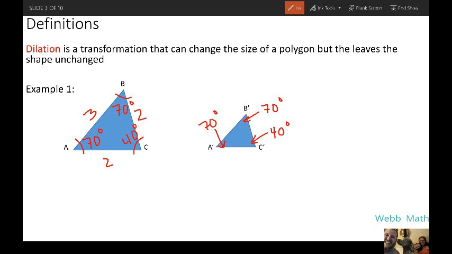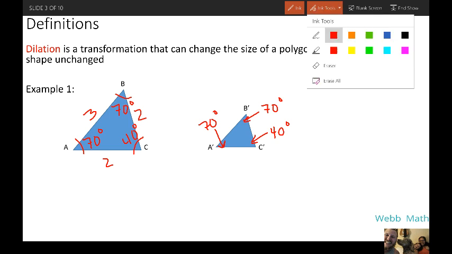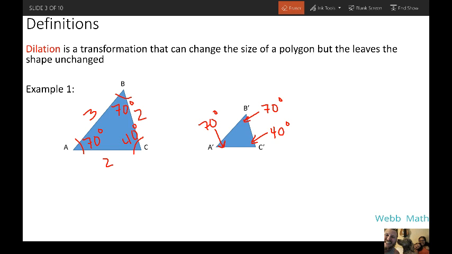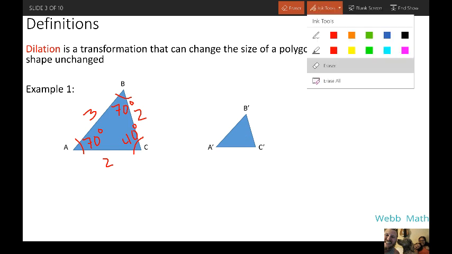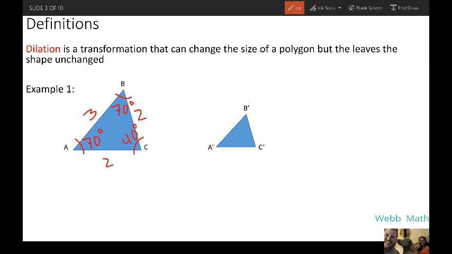But obviously it's a small triangle, so let's look at its sides. Looking at the sides, if you were to measure, you would notice some differences. If you remeasured AB, you'd probably measure somewhere around 1.5. If you measured BC, you'd measure a distance of 1. And AC would also be a distance of 1.